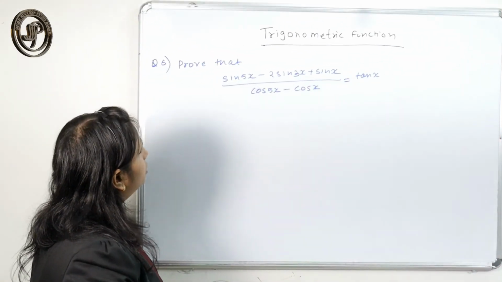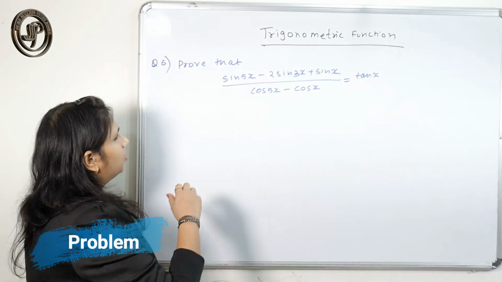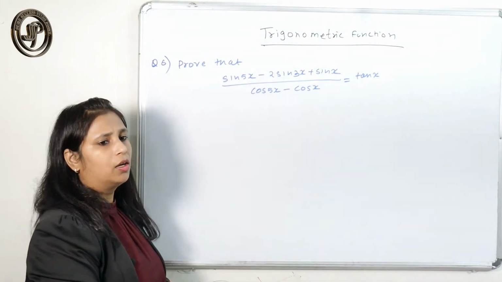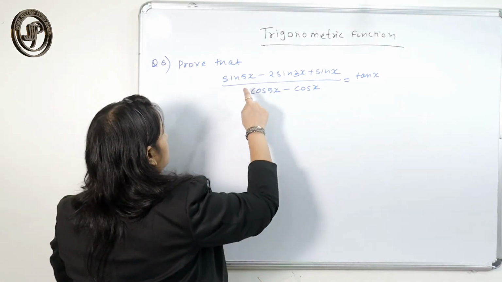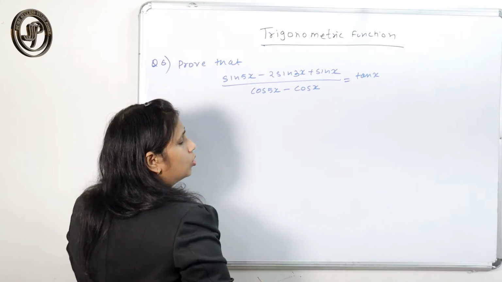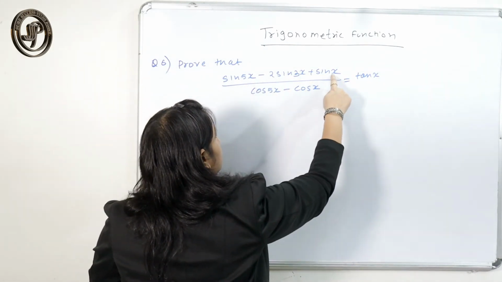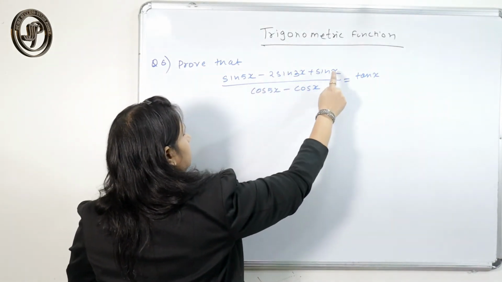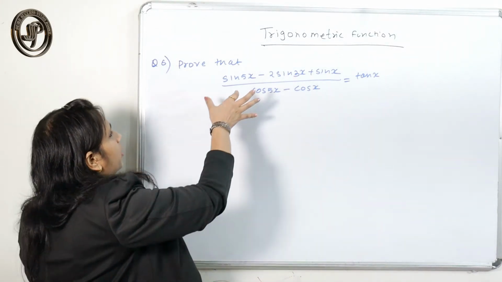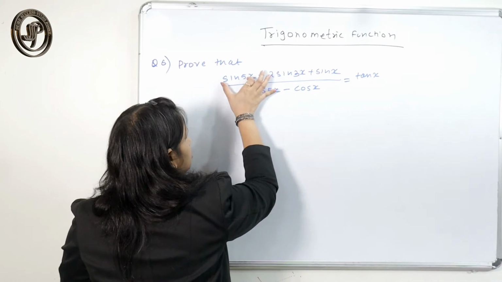So here is a question. If the question comes in this form, which pair do you have to take first? You just have to consider this way. This is 5x and this is x. If you add these two angles and divide by 2, you will get 3x. So you can take this and this together.